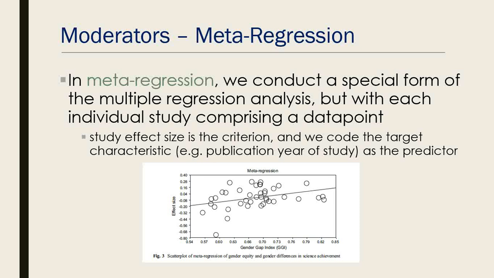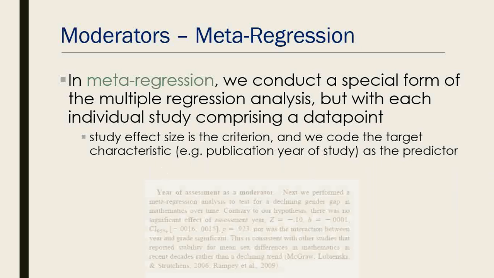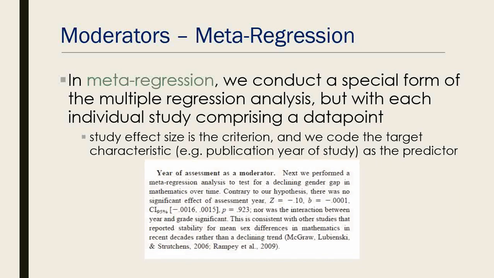But given the availability of space in journals, quite often you'll just see the meta-regression reported in text. So we've got here another one where we're reporting the z-test and the probability value associated with it.